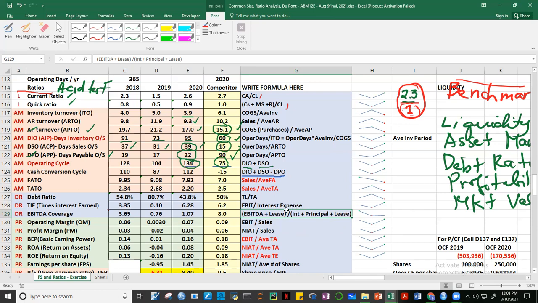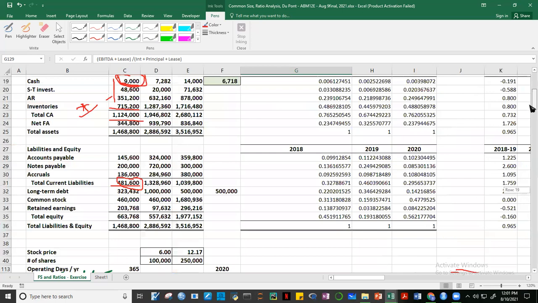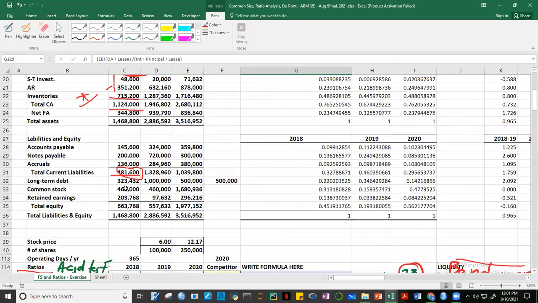So, interest, alam natin, ang problema natin yung principal. Kailan magkakaroon ng principal payments? Well, i-compare natin yung increase or decrease ng principal payments. Okay? So let's start with the computation for EBITDA coverage in 2018. Sa principal, titingnan natin dito sa long-term payment, 2018, compare natin sa 2017, wala tayong value ng 2017.